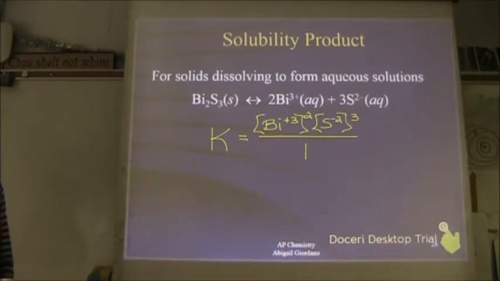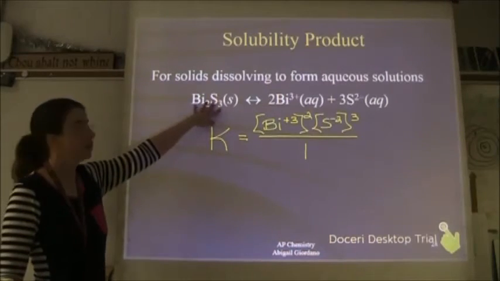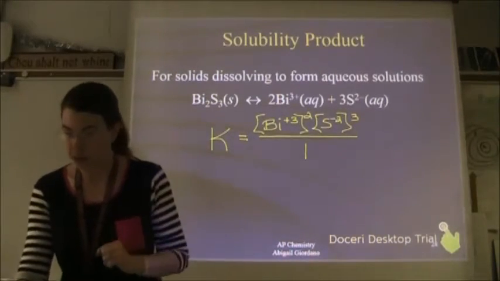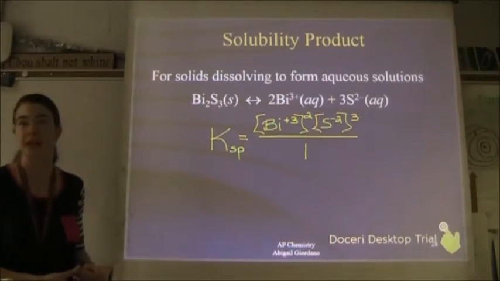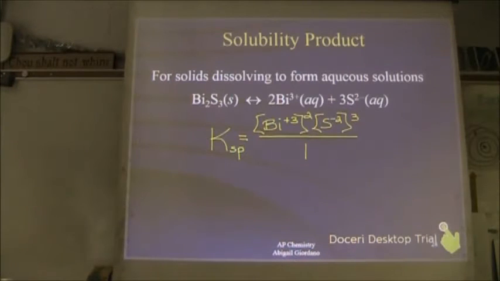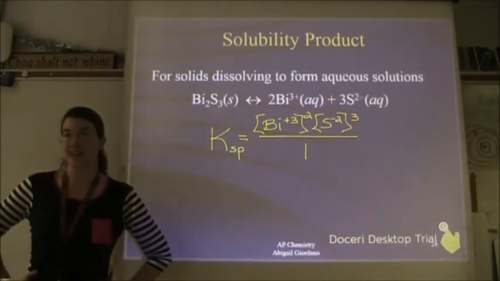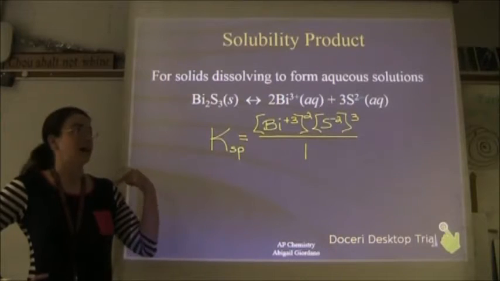Well, guys, an equilibrium expression for a solid salt ionizing has its own special variable. It's called KSP. SP for solubility product. Okay, now think about it, guys. We have had a lot of Ks. Ka, Kb, Kw.